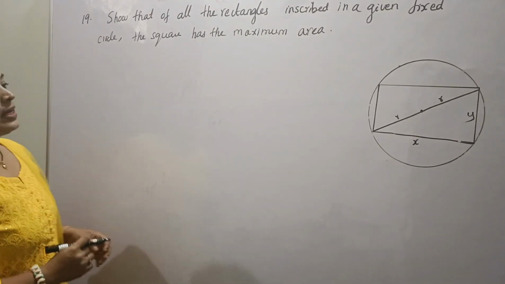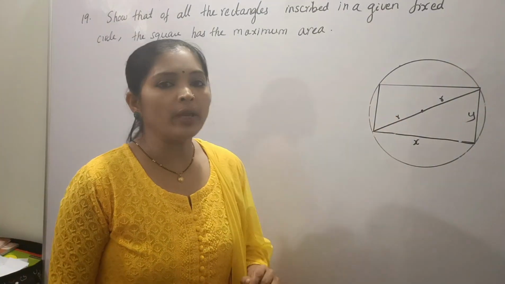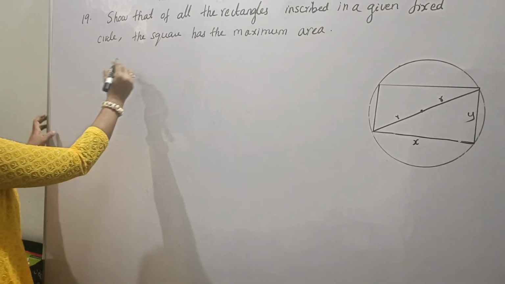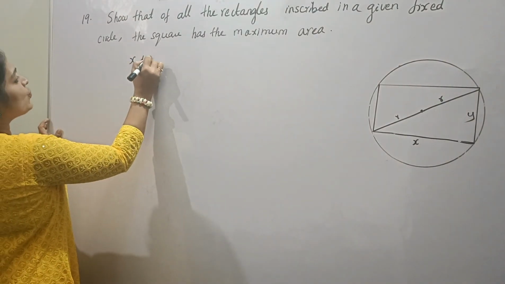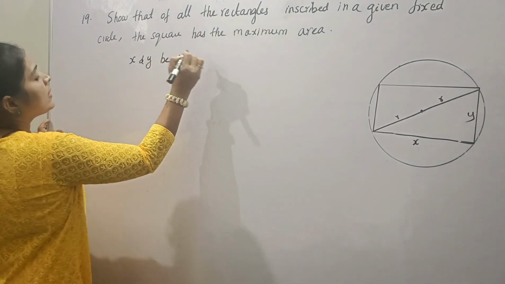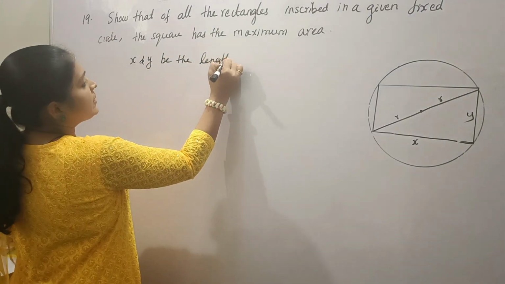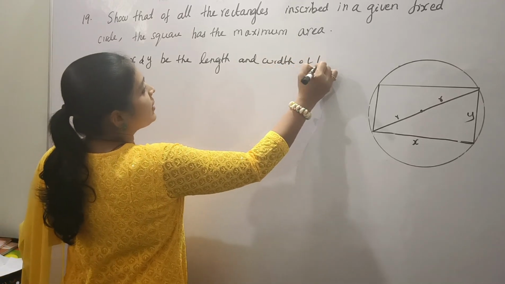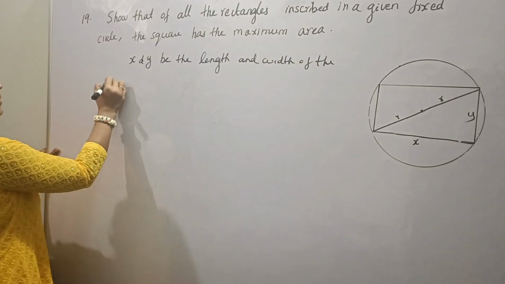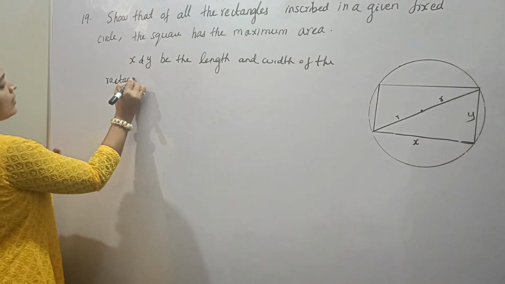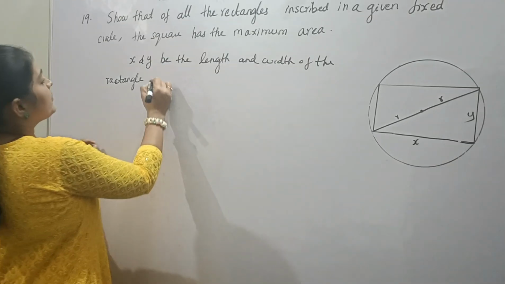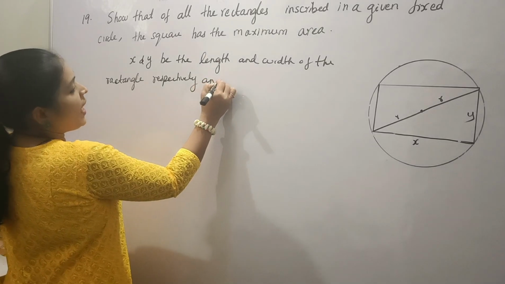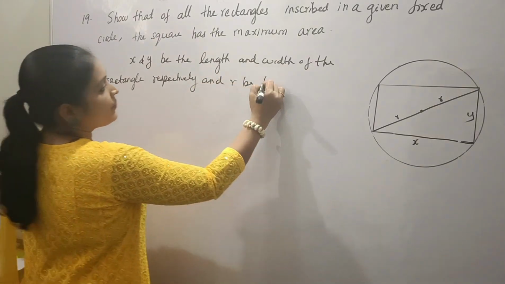So first of all, let x and y be the length and breadth of the rectangle respectively, and r be the radius of the circle.